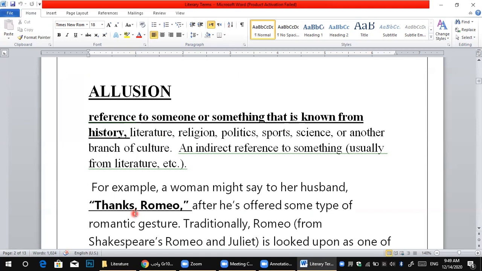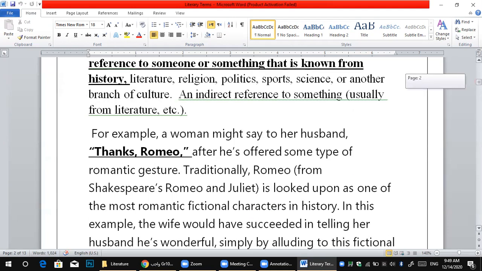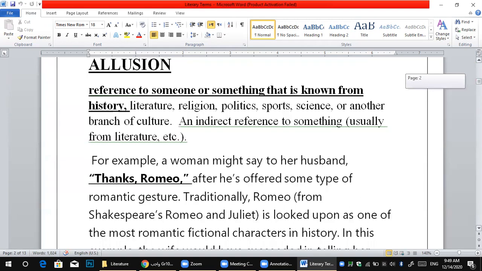Of course, her husband is not Romeo, but she said it after he treated her in a romantic way, after he offered some type of romantic gesture. So that's an allusion.